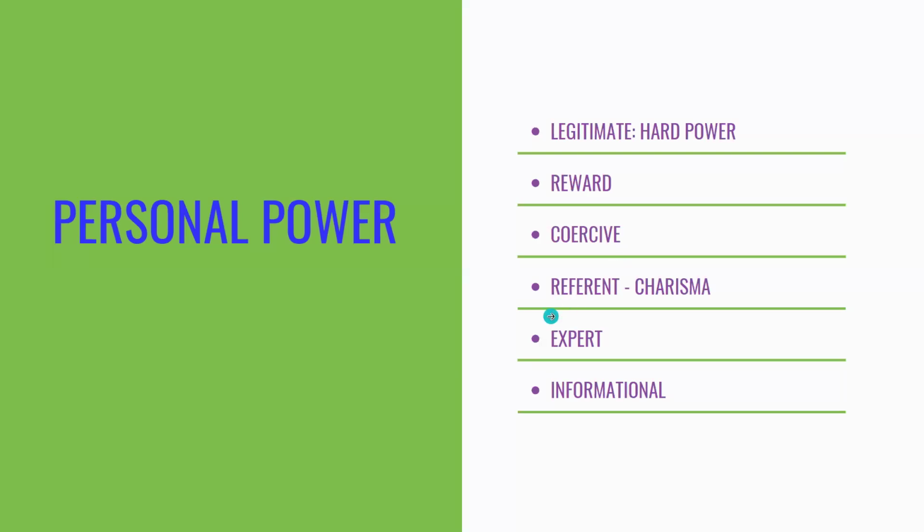Or we may have expert power, where the negotiator possesses some expertise and convinces the other party on a particular area. And informational power, where a party may possess some insight into the other party and use that information to their advantage.